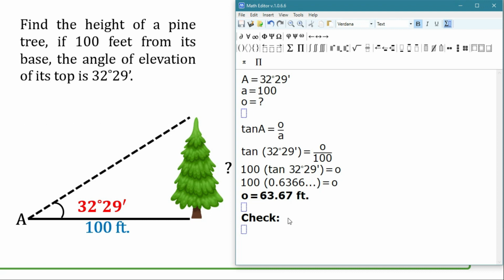Actually, pwede nyo naman kunin si hypotenuse para ma-double check nyo rin. Pero pwede din natin gamitin yung reciprocal niya, the reciprocal function, which is the cotangent. So it's up to us on how are we going to double check our answers. But then again, the height of the pine tree, given that the adjacent side is 100 feet and the angle of elevation is 32 degrees and 29 minutes, that would be 63.67 feet. Okay? So that's gonna be it.